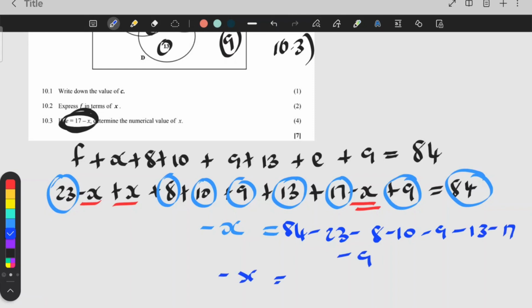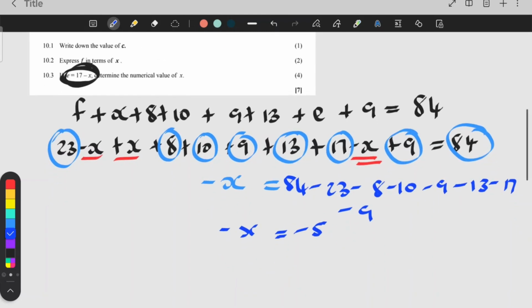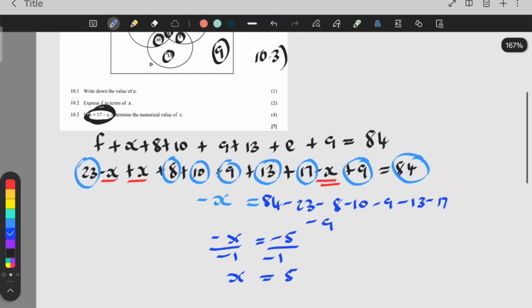So negative X is equal to, I get this to be minus 5. Then I just divide both sides by negative 1 to get a positive X, and I get this to be positive 5. So X is positive 5.